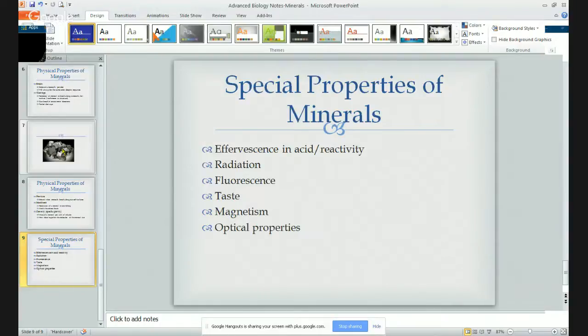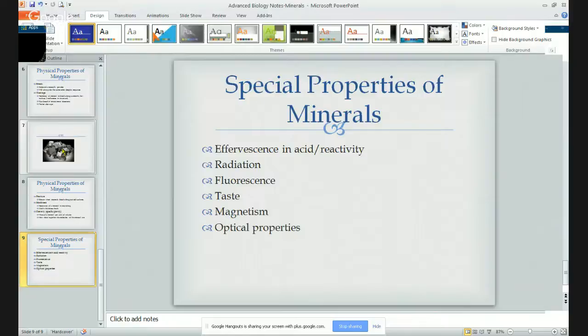That just means that if you put a little drop of acid on that particular mineral, it will bubble and release gas. A second one is radiation, which means it's radioactive, so it usually contains uranium or plutonium or something like that. Radium.